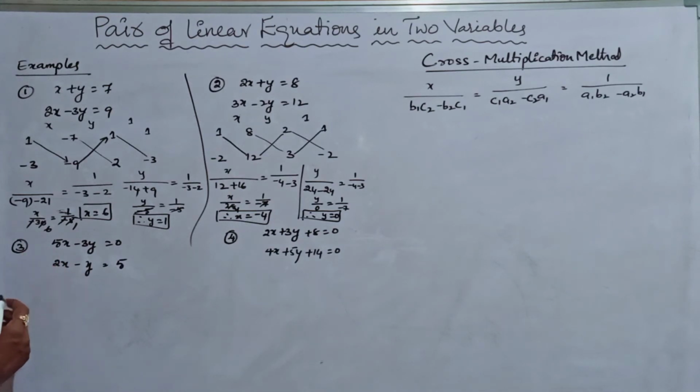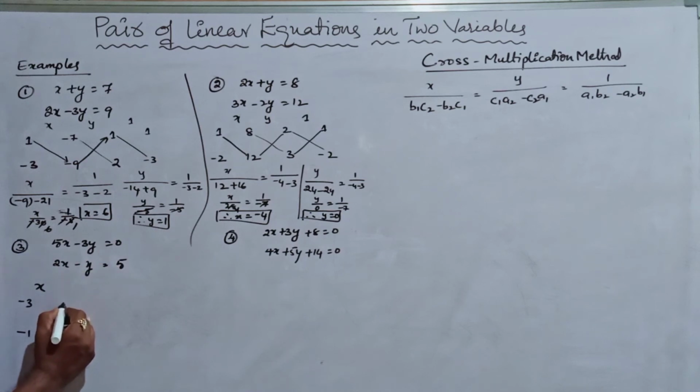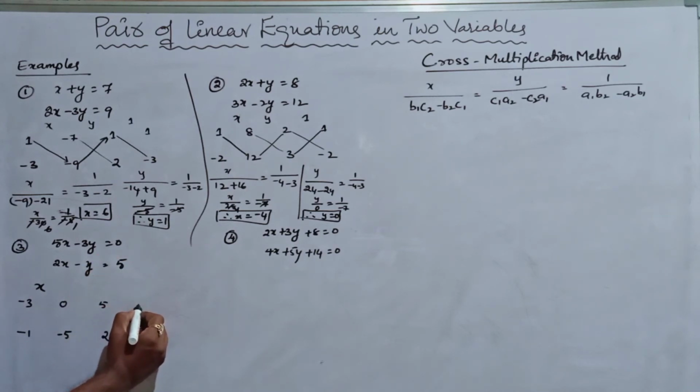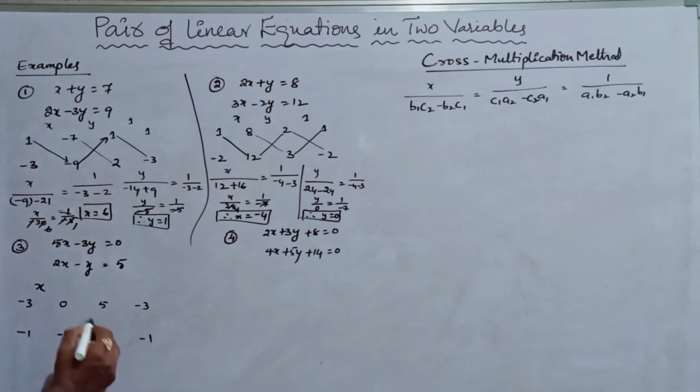Similarly, in the same way, third example: x, write down minus 3, minus 1. C values 0, minus 5. Then next A values 5, 2. Then again minus 3, minus 1. Here y, here 1.